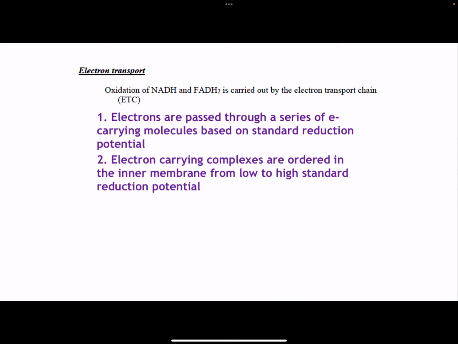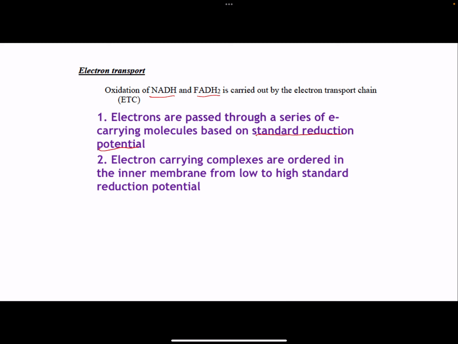So electron transport in the cellular context is the oxidation of these reduced coenzymes, NADH and FADH2, and this is carried out by the electron transport chain, or ETC. So two important points here to start off with. The first is that electrons are passed through a series of electron-carrying molecules, and the passing of these electrons is based off of the standard reduction potential.